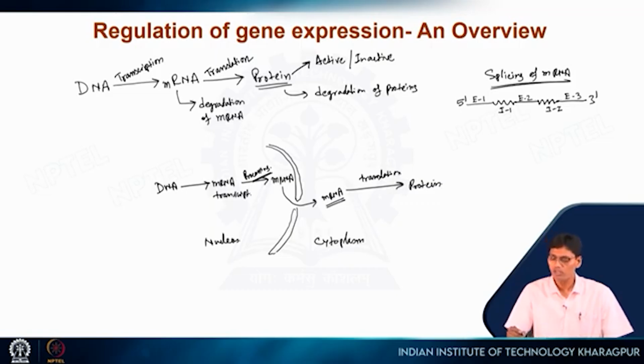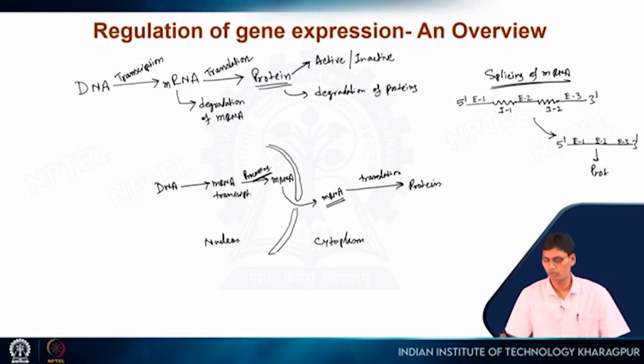Now, splicing means introns should be removed. So as a result, what I get is 5' to 3', this mature mRNA, with E1, E2 and E3. Now this is your mature mRNA, and after translation it will make a protein.